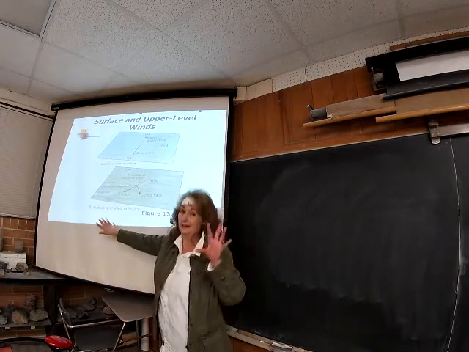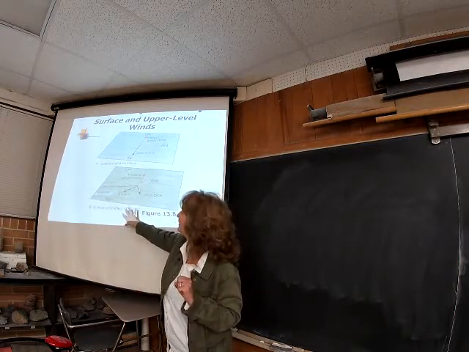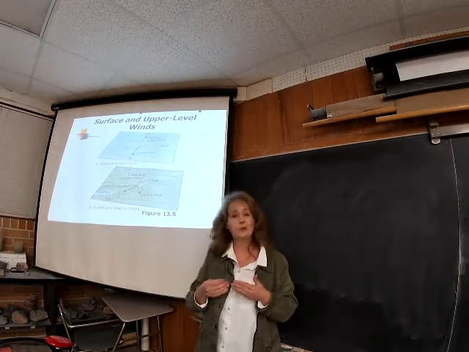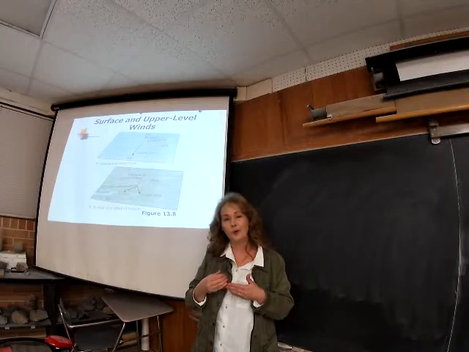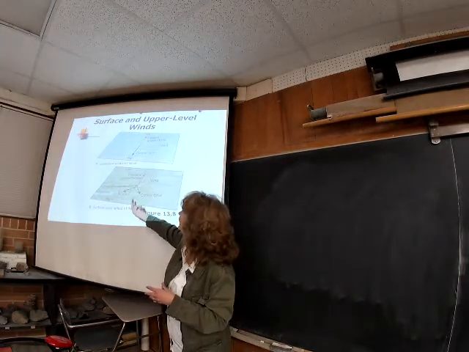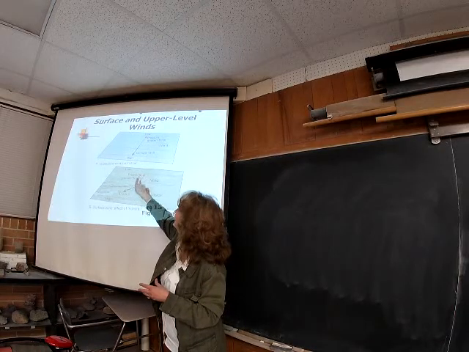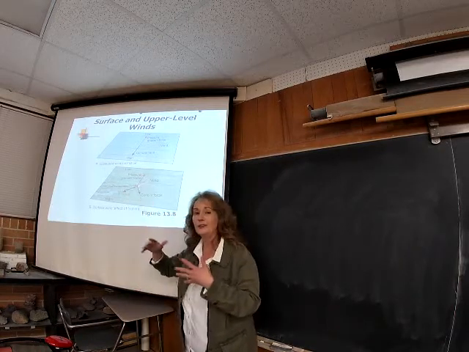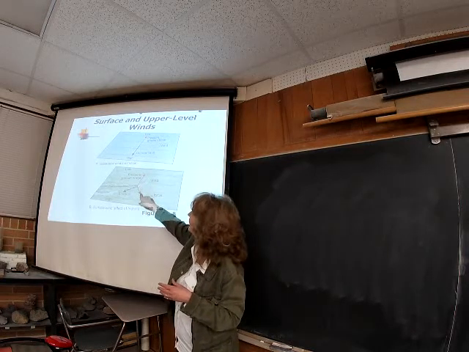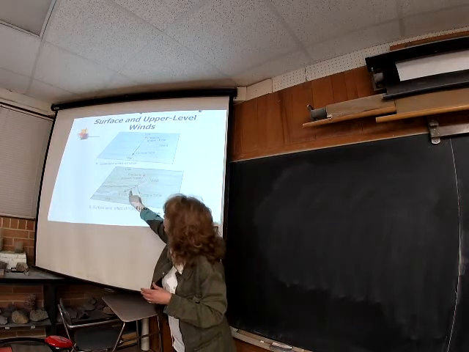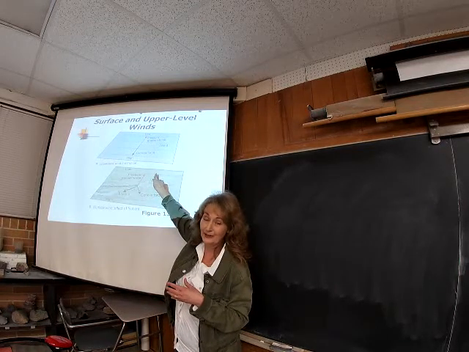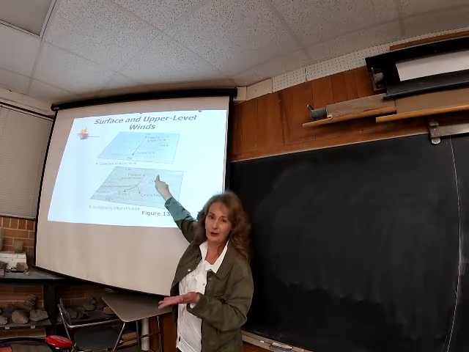Well, we have to throw in friction as we get towards the surface. So friction, as I mentioned before, is always going to act opposite of your wind direction. It's going to try to slow your winds down just a little bit. So again, pressure gradient force is doing this, and friction's trying to go opposite your wind. So it will change just a little bit, to the point that your wind direction now will go across isobars toward low pressure.